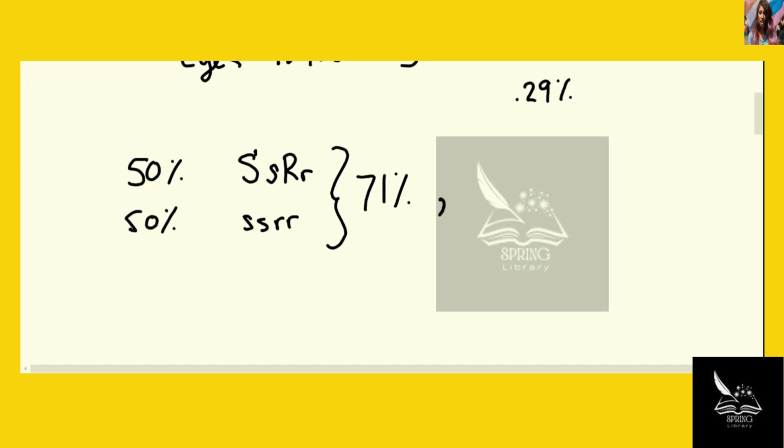Okay, which means that's going to be 35.5% each. So if we take 500 and figure out what 35.5% of that is, we'll have approximately, I'm getting 177.5, so we can say 177, can't really have half a fly, we'll round down. 177 of both of these genotypes.